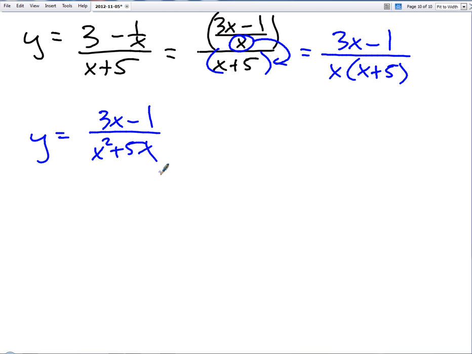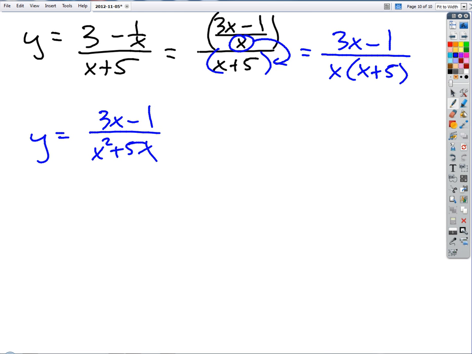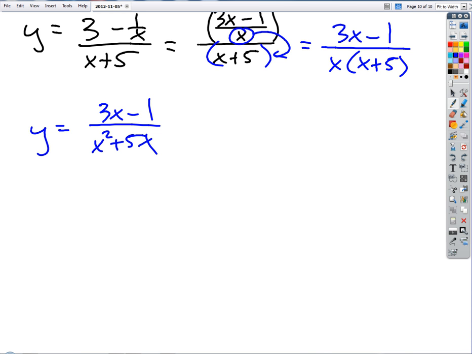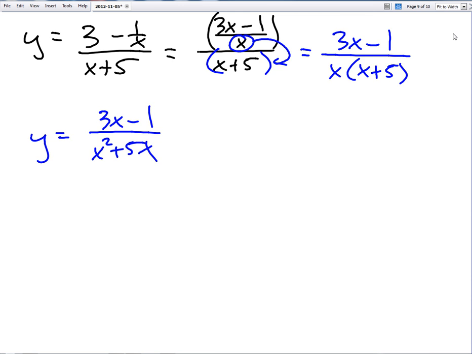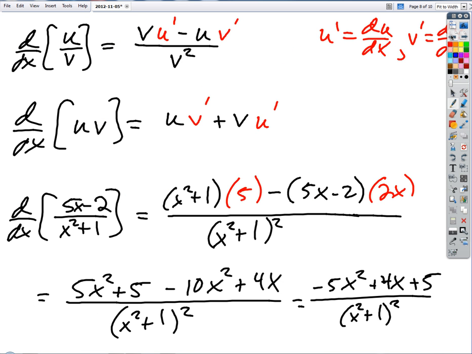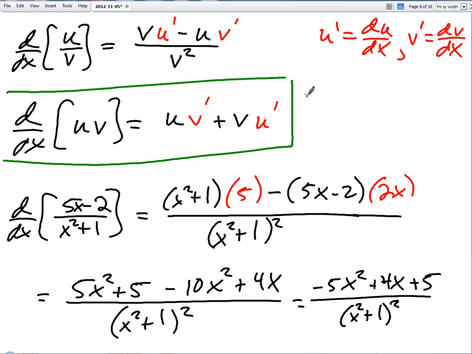Okay, some other issues come up. You tell me here. The game is quotient rule or not quotient rule. And our goal is to avoid the quotient rule like the plague, because the quotient rule was hard. The product rule was easy, right? So if we can make something into a product rule, or while we're at it, let's write down the other game that we know.